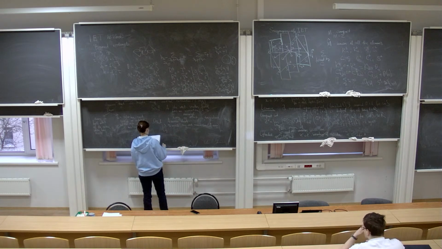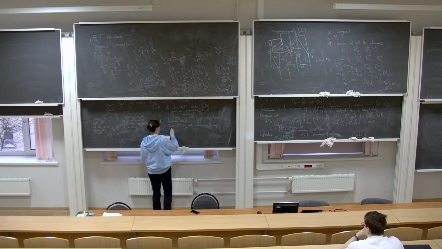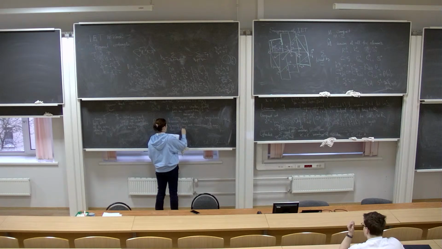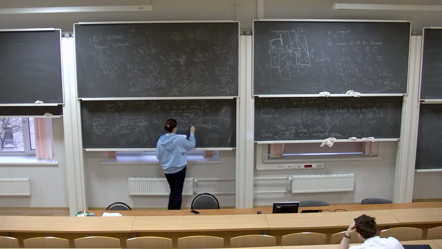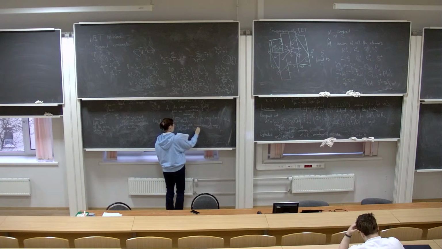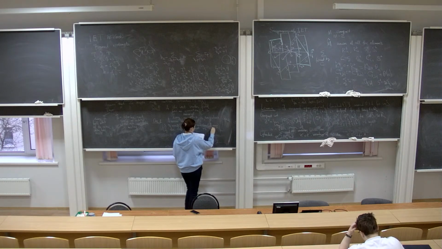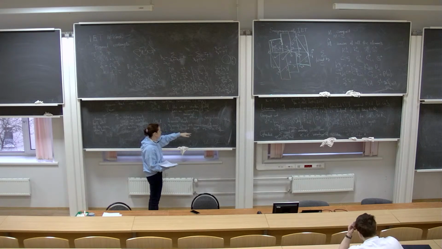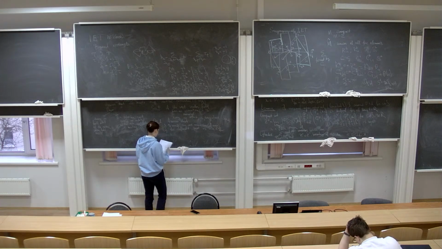The leftmost point of S is in sigma. So you see, now we put it in a way that one of the endpoints is in a singular point.